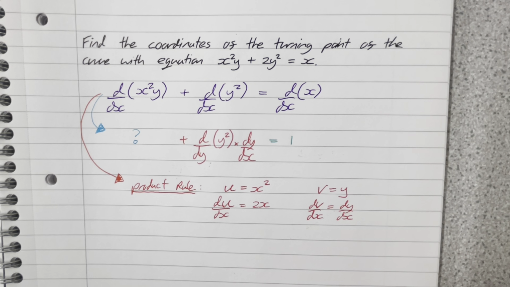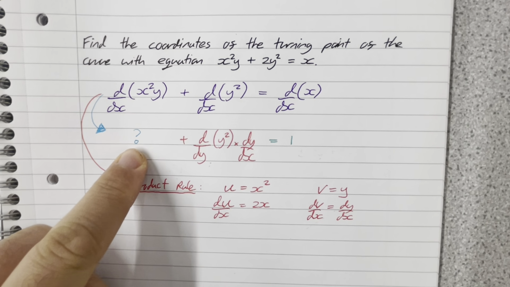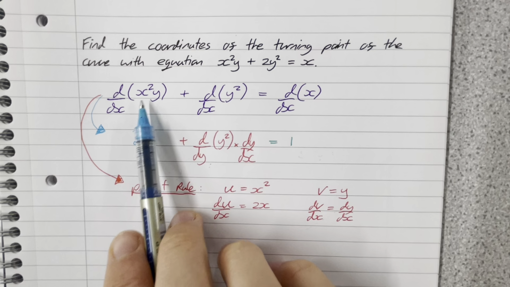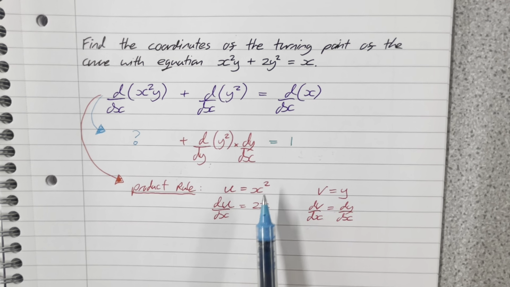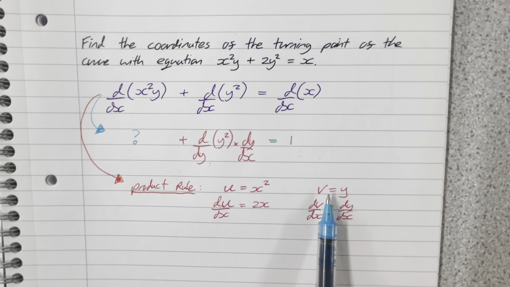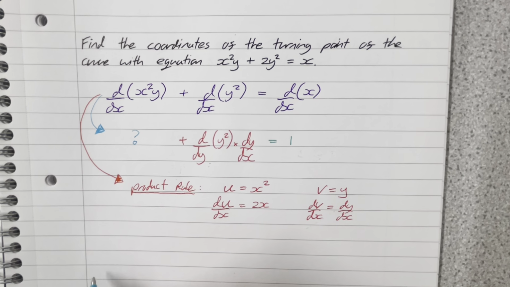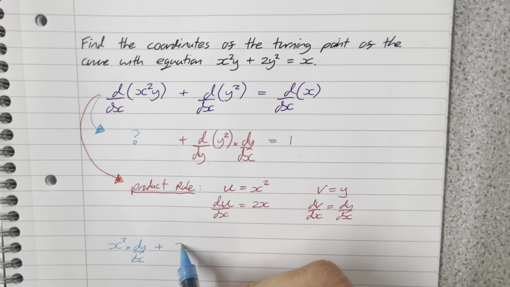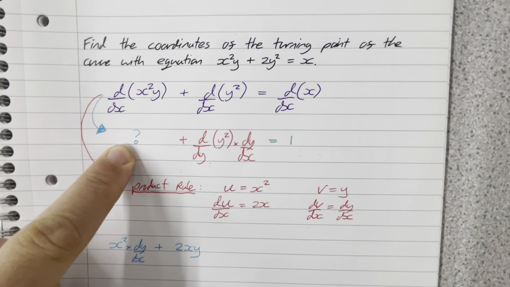Okay, so we can now use the product rule to state what this question mark is, the differential. Now, the product rule says that the differential of uv is equal to uv dashed plus vu dashed. So we're going to end up with x squared times dy by dx plus 2xy. Okay. So that is the question mark.